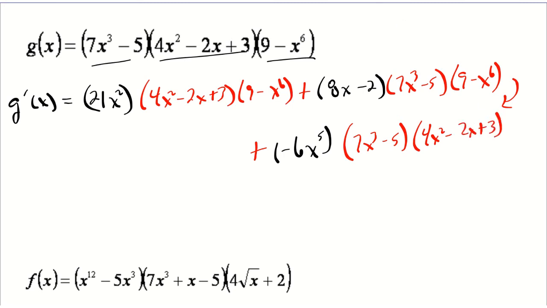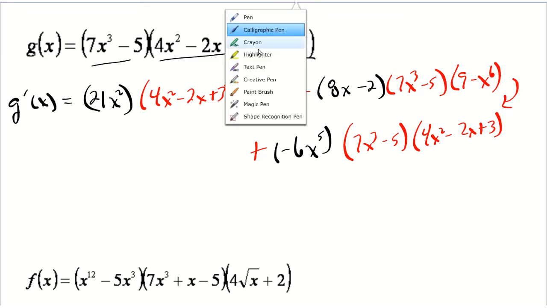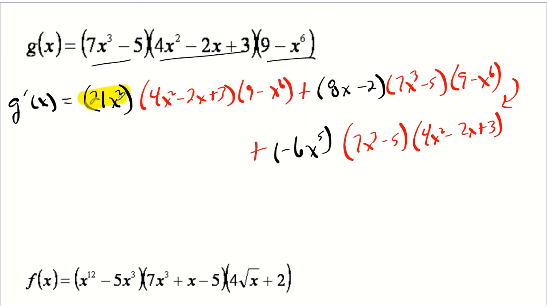So what I'll tell students at this point is, yeah, these things do become space consuming. They take up a lot of space in your notebook, but there's really not a lot of work per se. Here I did derivative of this bracket and I just rewrote the other 2 factors. Plus I took the derivative of the second bracket, I just rewrote it multiplied by the other factors. Plus derivative of the third, and then I just rewrote it multiplied by those other ones. So only the 3 highlighted things or factors are where I had to do differentiation per se.